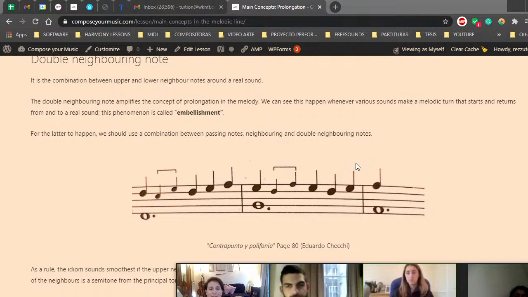Now, this is not a cambiata, okay? We are not going to see cambiatas. If someone knows maybe harmony or something, we're not going to see that. The cambiata is something very similar to this, but not the same.